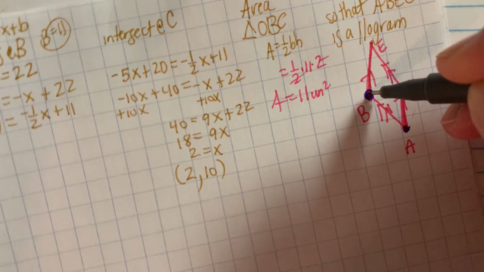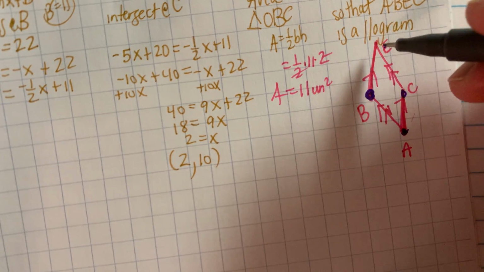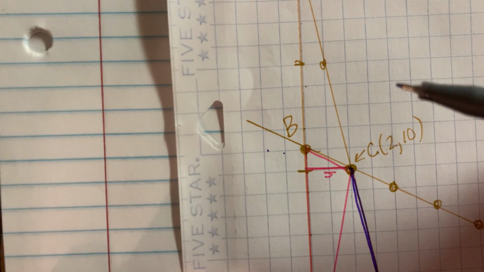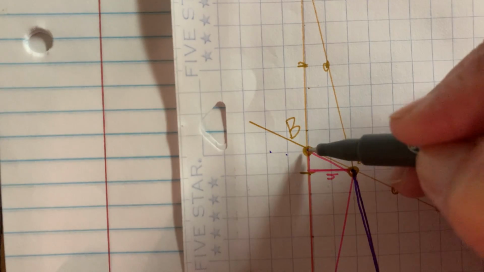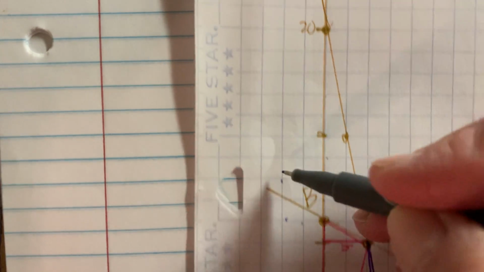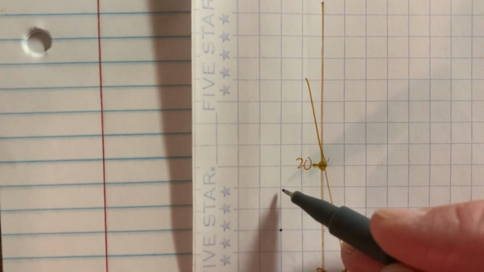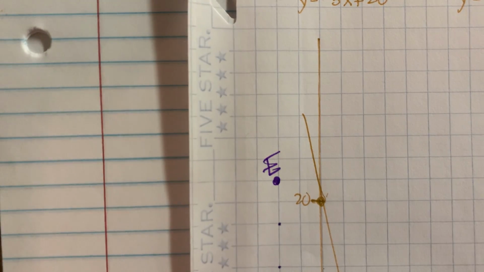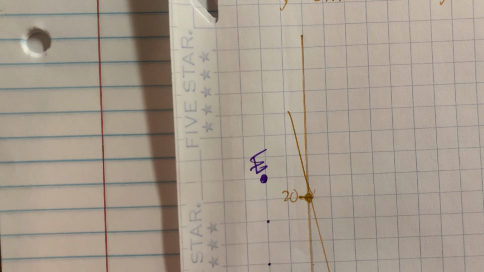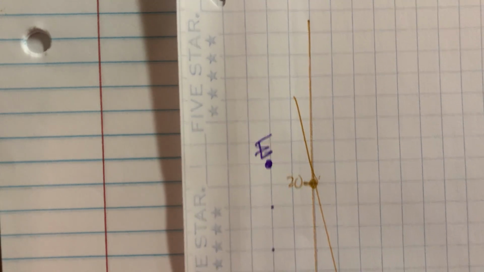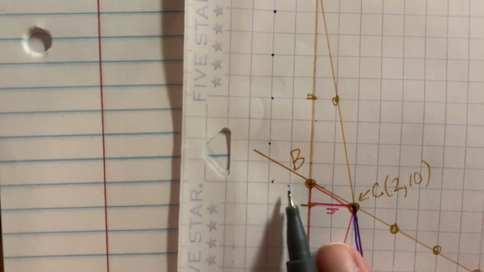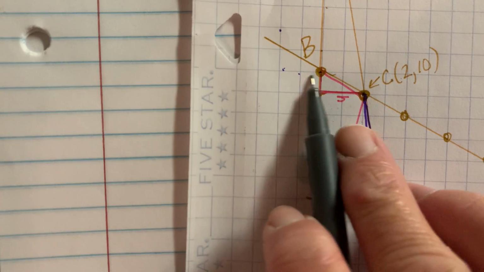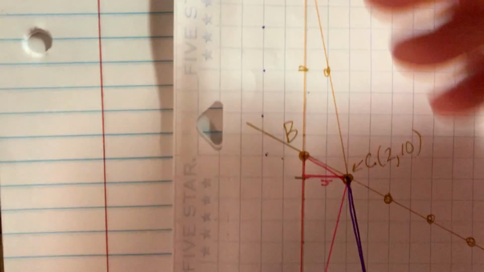I'm going to do the same thing starting at B. I'll go over 2 and up 10, and that's going to give me the location of E. So over 2, up 2, 4, 6, 8, 10, this would have to be E. But mainly we just want to know the location of E. So E is left 2 from B. B was at 0 for the x coordinate, so it's going to be negative 2 for its x coordinate.